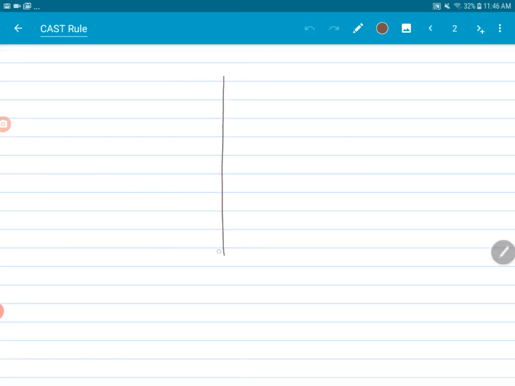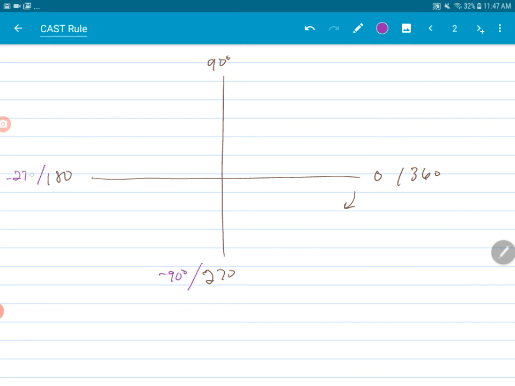So normally when we go through our quadrants, we have 0, 90, 180, 270, and 360. But if we go in the backwards direction, we talked about this last week, I think I posted a video about it, this is also now negative 90 degrees, also negative, not 270, negative 180, negative 270, and it's also negative 360.